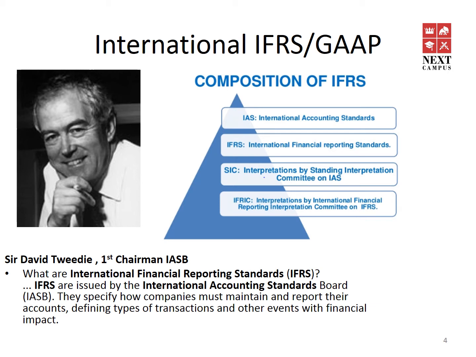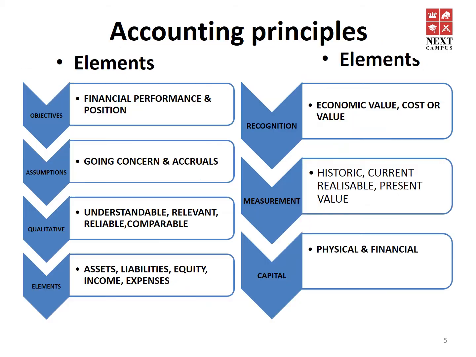So one type of accounting standards is IFRS, which is International Financial Reporting Standards, and the other one, GAAP, Generally Accepted Accounting Policies. So based on both IFRS and GAAP, we have to maintain our financial accounts.